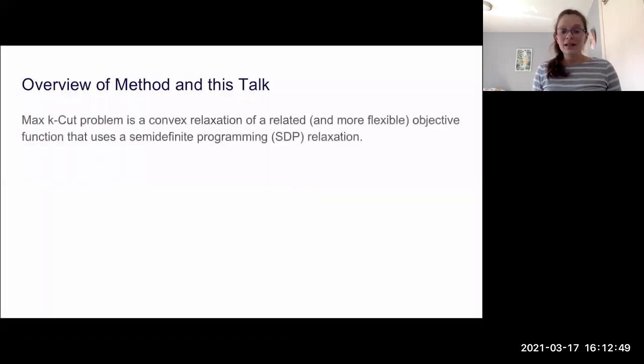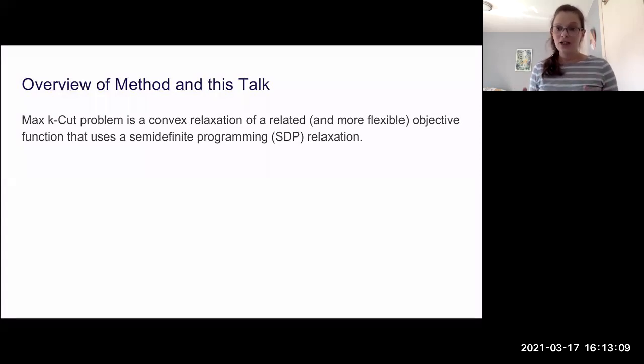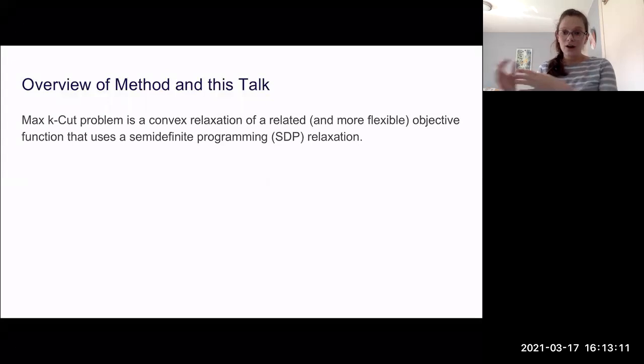So instead of starting from this heuristic algorithm world, the way that we're going to approach clustering is to use a semi-definite programming relaxation of the clustering problem. Semi-definite programming relaxations are a general tool that you can use to get a convex relaxation of an NP-hard problem. So something that we can actually solve efficiently, but it's a relaxation of our original problem.